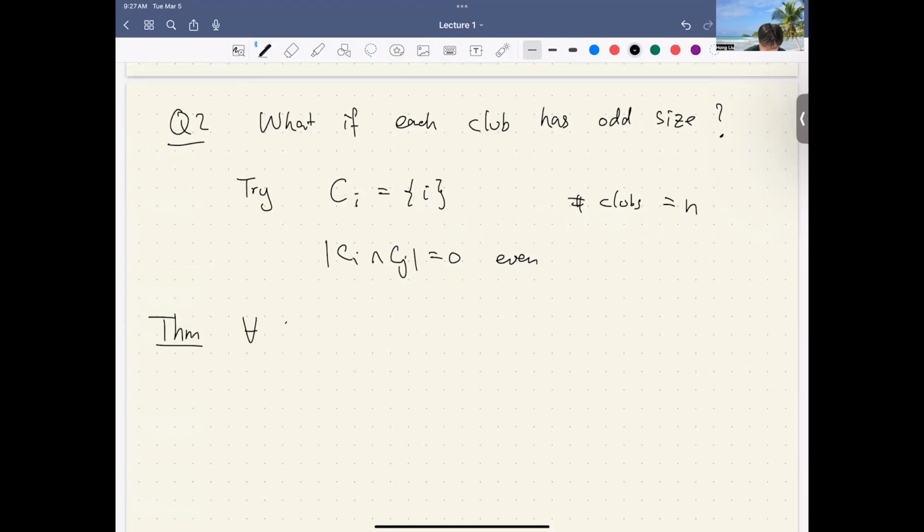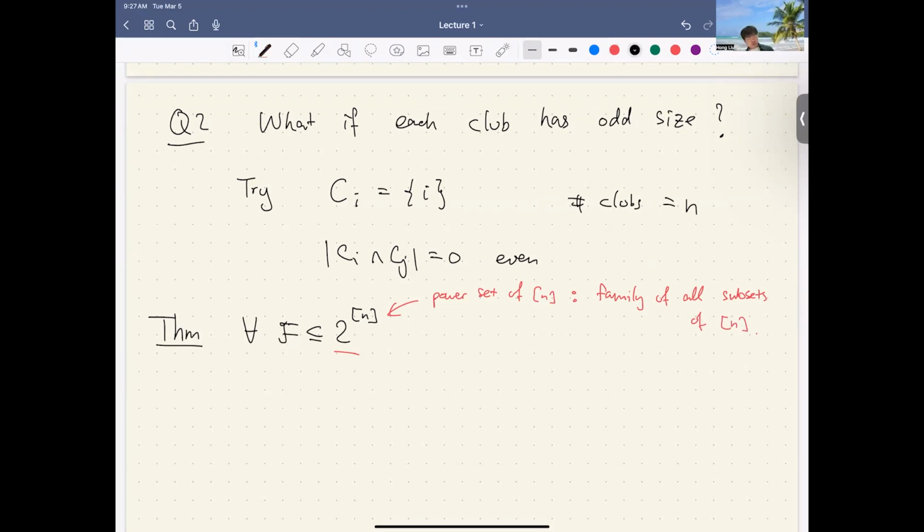For any family F, which is a family of subsets, a subset of the power set of n, where this notation means the family of all subsets of the first n integers.